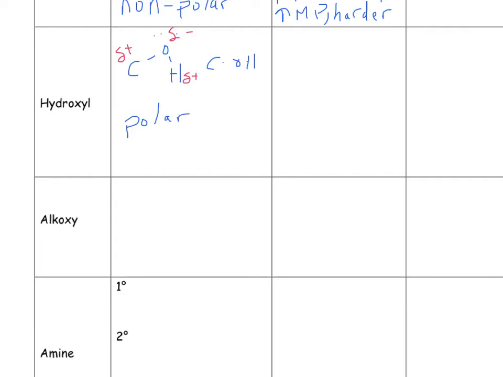Because I have an H directly attached to an O, if I have two organic compounds with hydroxyl groups on them, they can make a hydrogen bond, which will increase the melting point and increase the hardness of the solid.